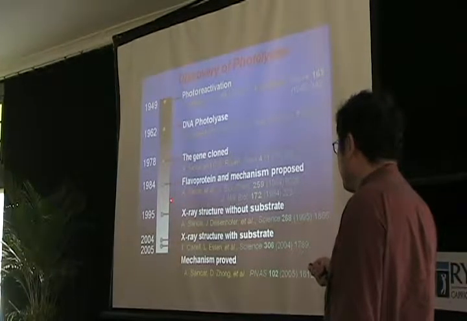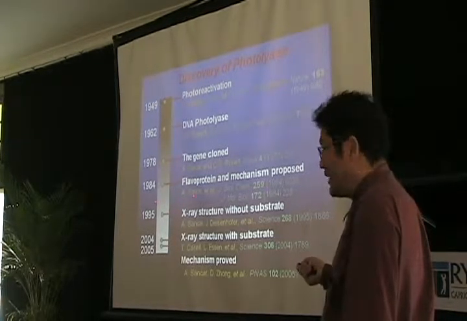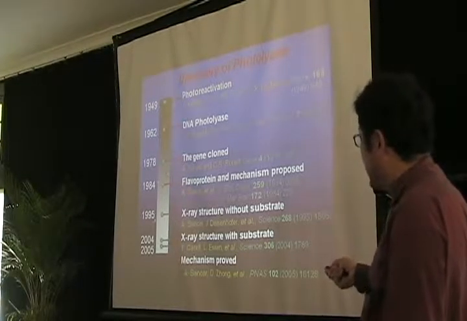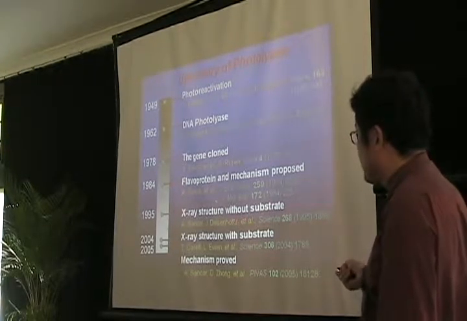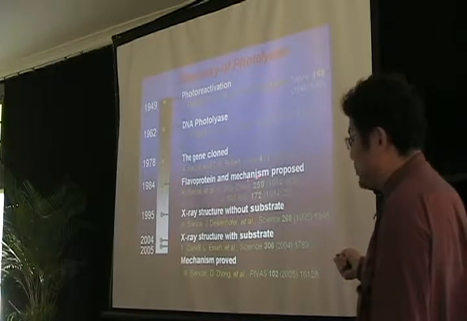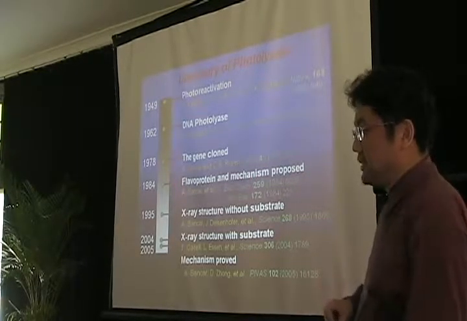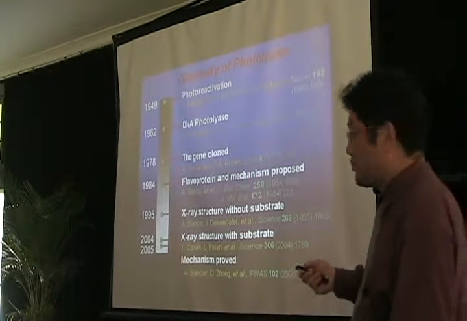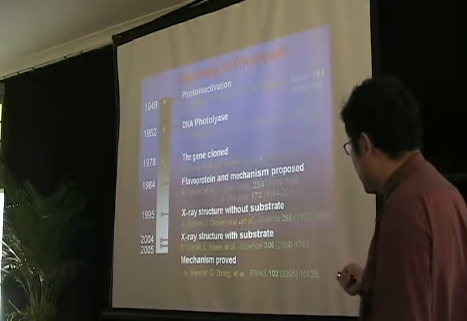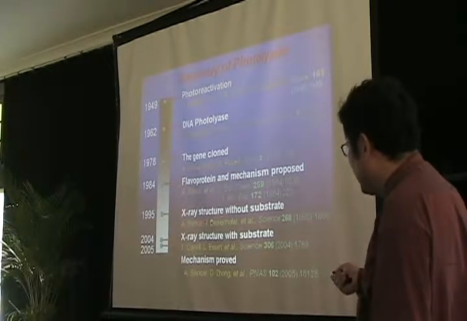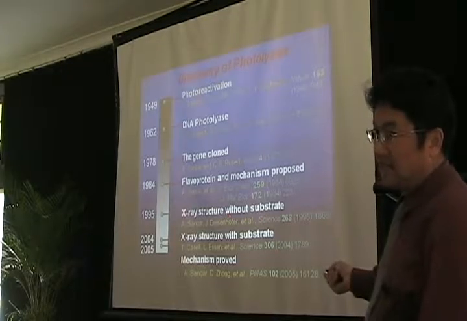However, this protein is very difficult to crystallize. It took more than 10 years to finally get it crystallized, even though at that time you could purify a large quantity of protein, no problem. But it's very hard to crystallize. So it took 10 years, and that was without a substrate, without the damaged DNA.